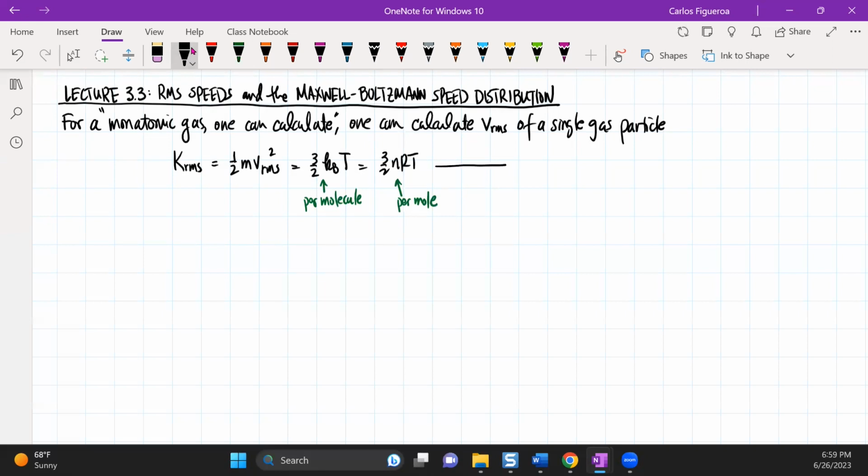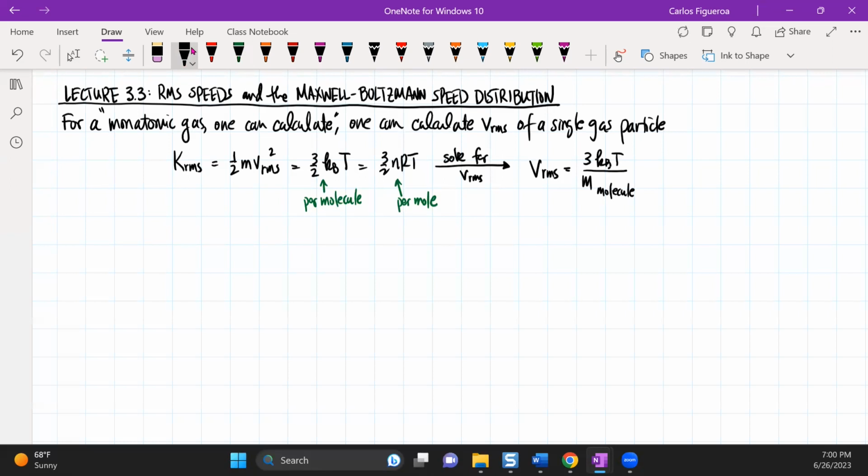Now, if I solve for V_RMS, I get the following relationship. V_RMS is going to be the square root of 3 k_B T over the mass of the molecule, because we're talking about molecules.